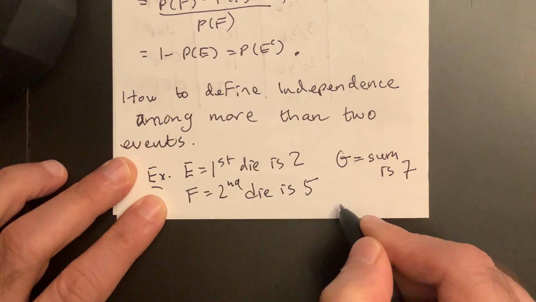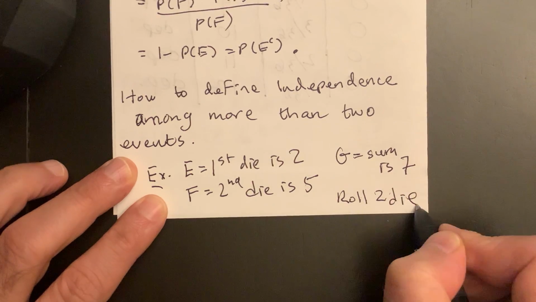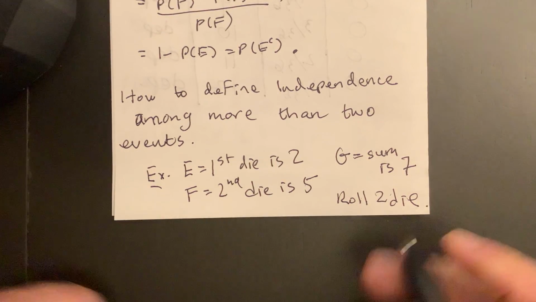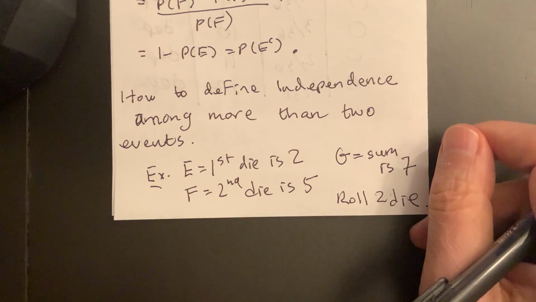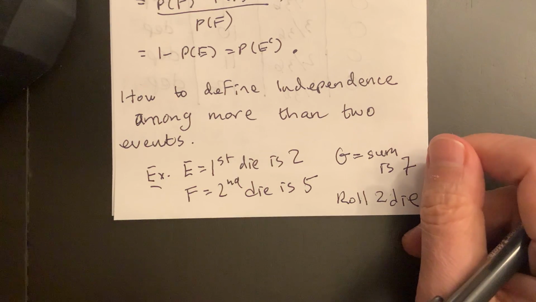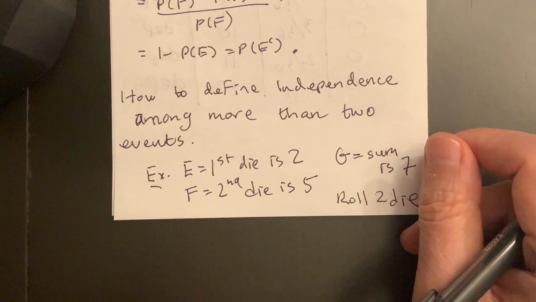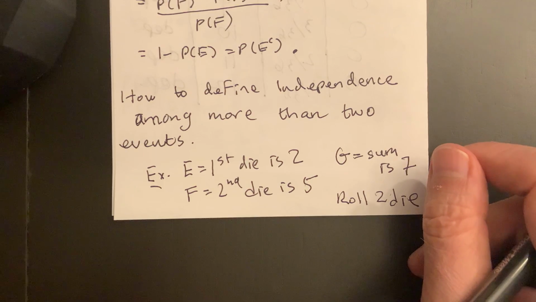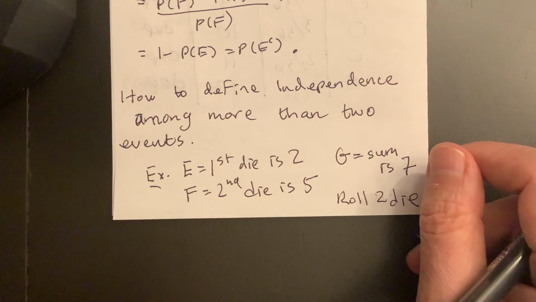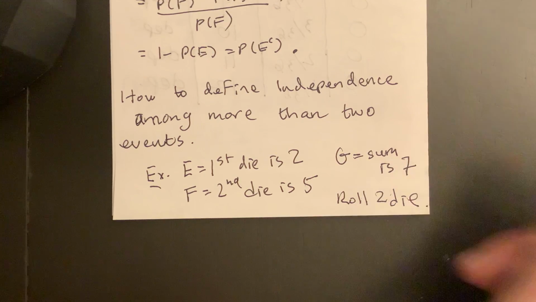Well, we just saw E and G, I called it F sub 7, but E and G are independent. Also, F and G are independent. If I roll a 5 on the second die, the probability I get a 7 is 1/6 because I need a 2 on the first die to get a 7.